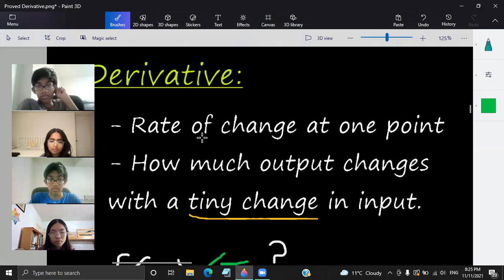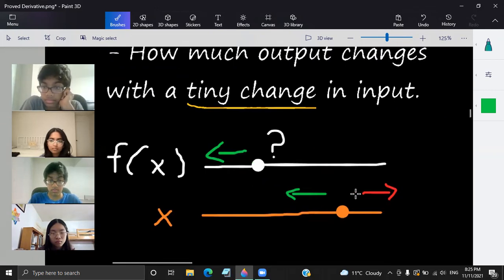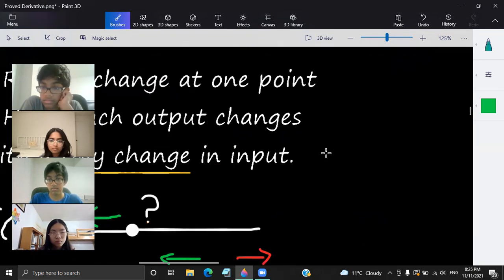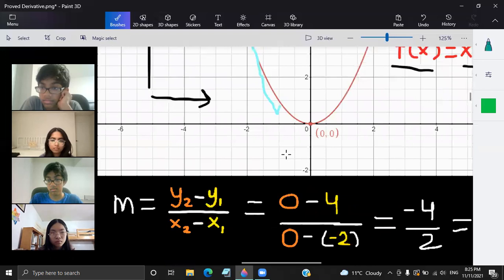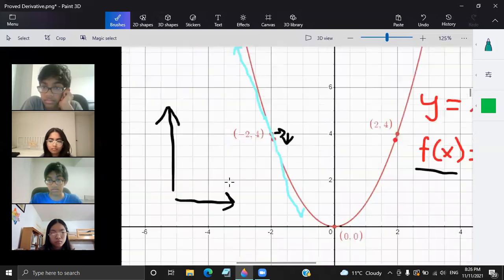Let's say you're a pharmaceutical drug developer. You're like, okay, given each milligram of the drug that we give to the patient, how much more is their health improved? Given a tiny change in the input, how much does the output change? This is what is so powerful about derivatives. It's not just some random graphing application, though that's how it's presented at first in math.